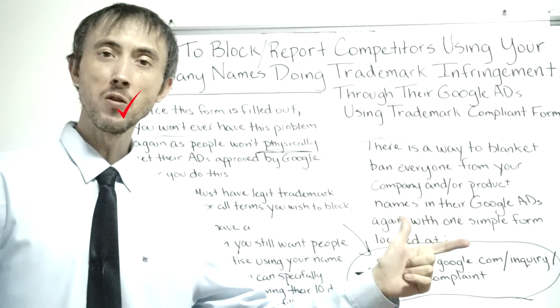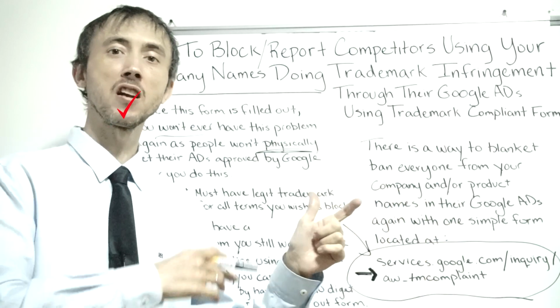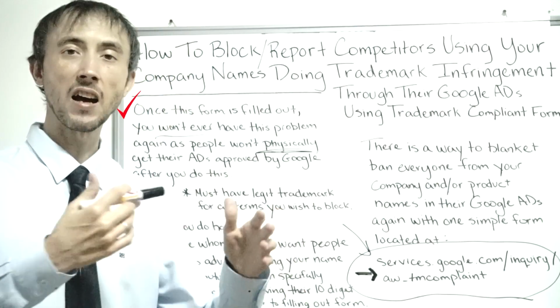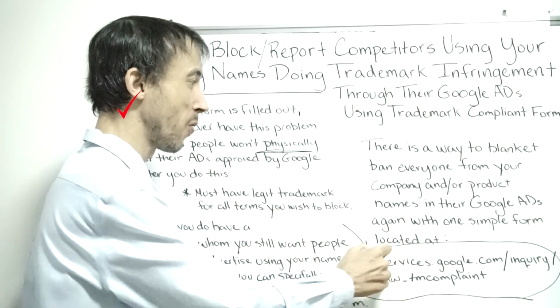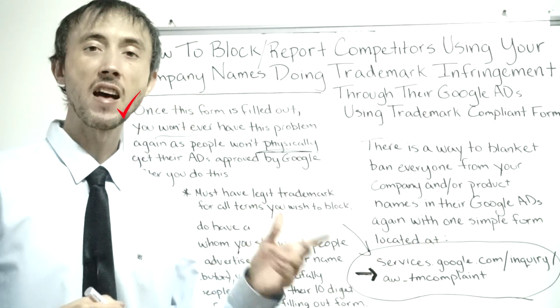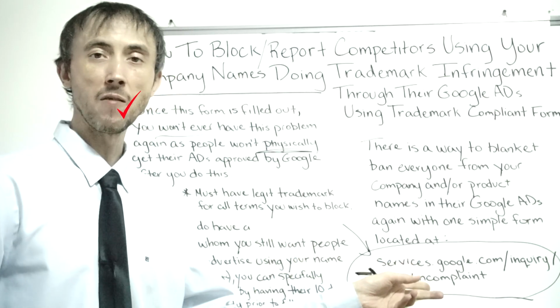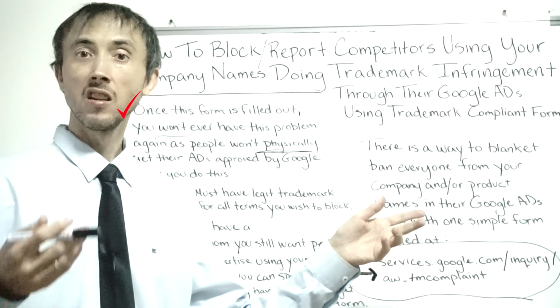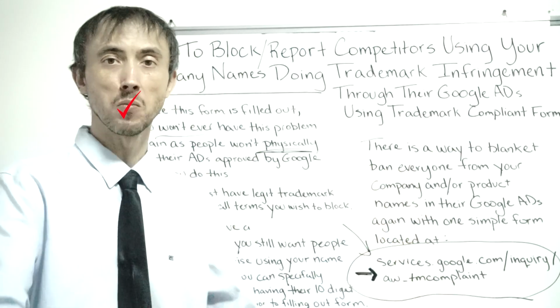As part of the review process, they check to make sure any of the words in your ad have not been previously blocked through this form. And if it was on that database of people that filled out the form and said certain names, certain words should be blocked, the ad automatically gets shut down, disapproved.